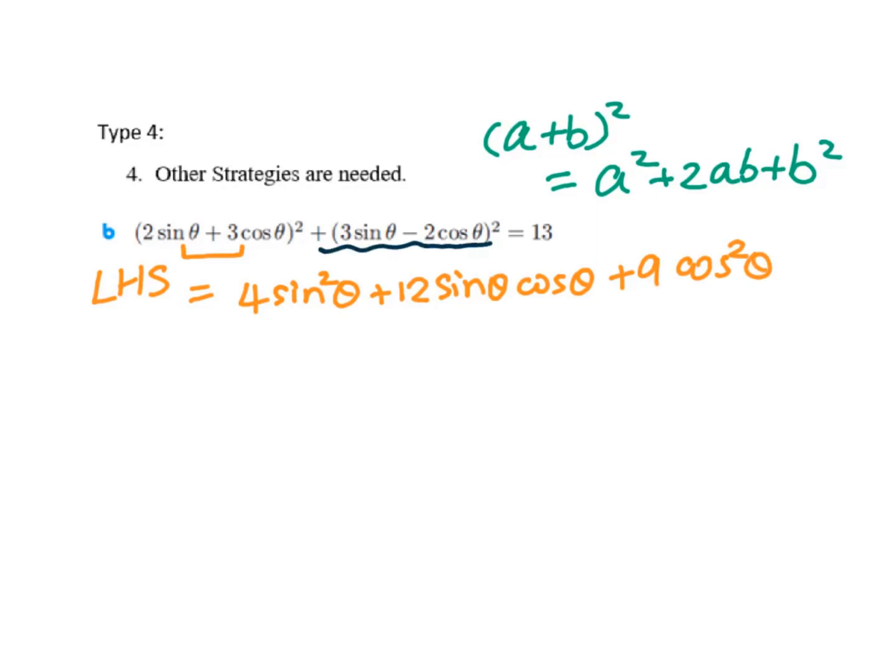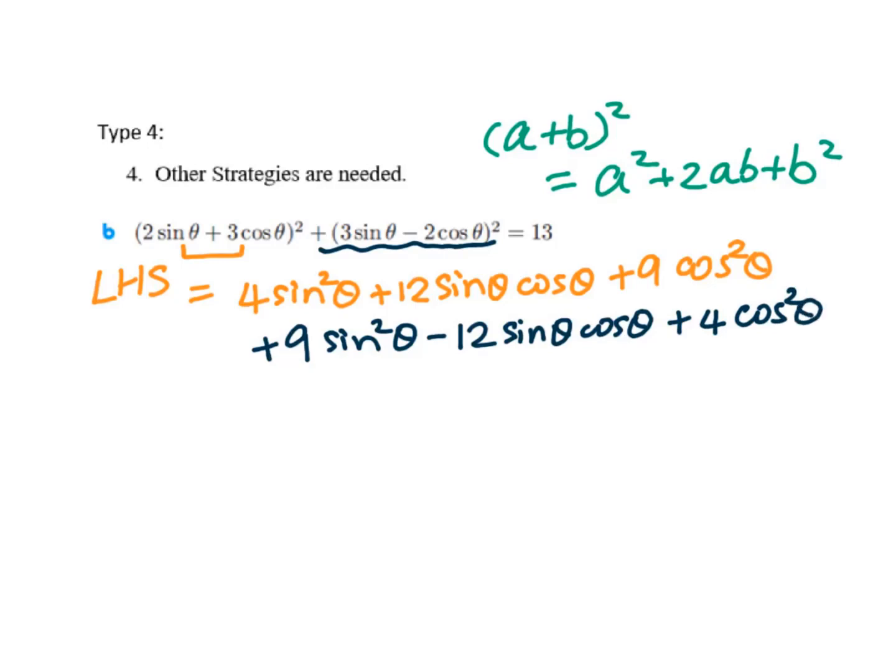Then we're working on this. We got 9 sine square theta minus 2ab, that is 12 sine theta cosine theta. Then plus 4 cosine square theta, because negative 2 cosine theta squared is 4 cosine square theta. This combined like term is gone.